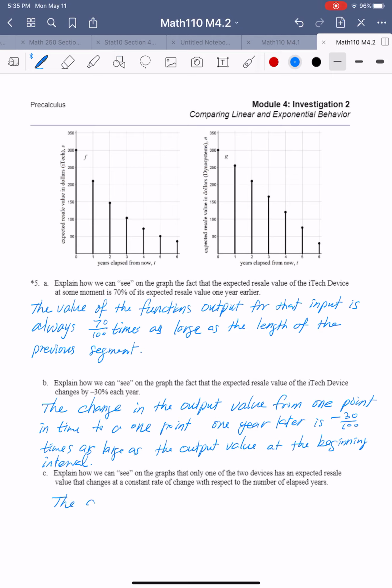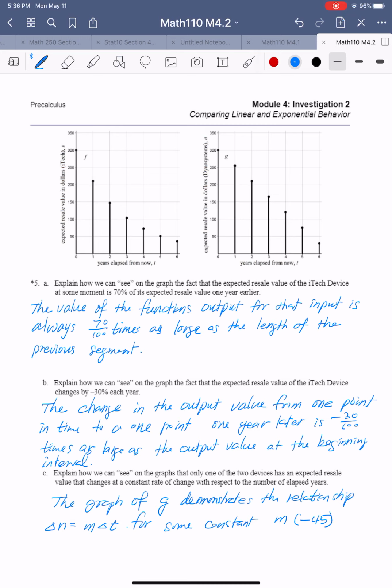The graph of g demonstrates the relationship delta n equals m times delta t for the constant m, which this time is negative 45.